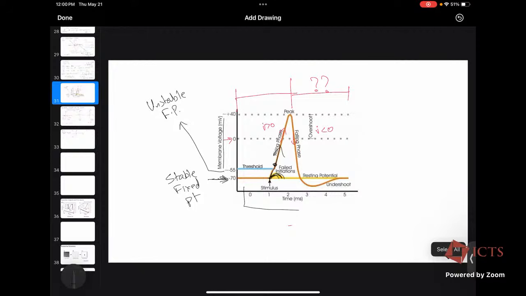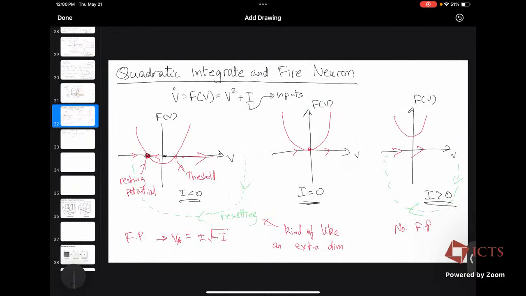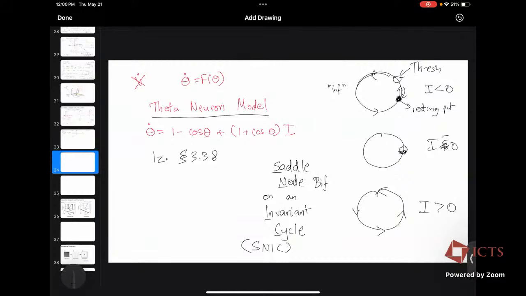After the voltage increases, I want my potential to again return to my stable fixed point, my resting potential. And similarly over here, if I had dynamics where my potential continued to increase, I could somehow artificially bring it from this high value to a small value, and I will achieve that similar kind of resetting. And that's what we argued we can achieve on a circle.